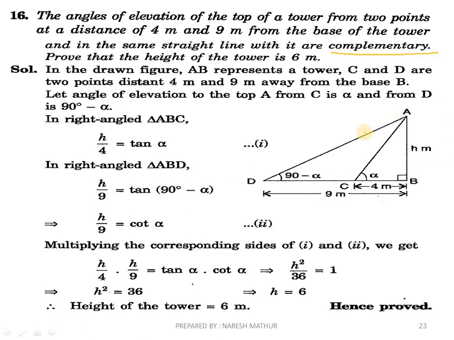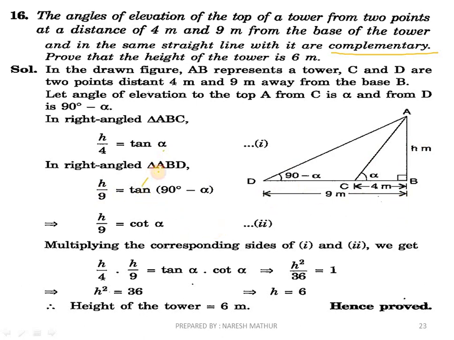Now take two different triangles. Let's say in triangle ABC, tan alpha equals perpendicular upon base, so it would be h by 4. Similarly, in triangle ABD, in place of theta we will write 90 minus alpha, equals perpendicular upon base, so it would be h by 9, because the whole distance would be covered.